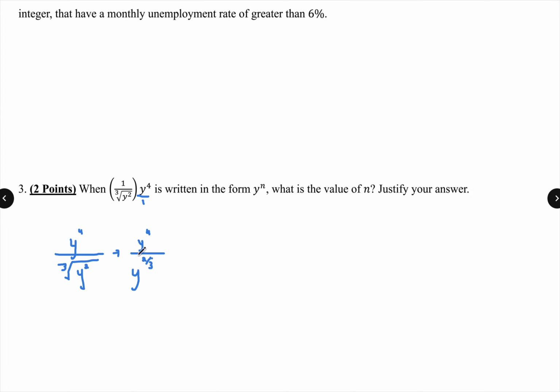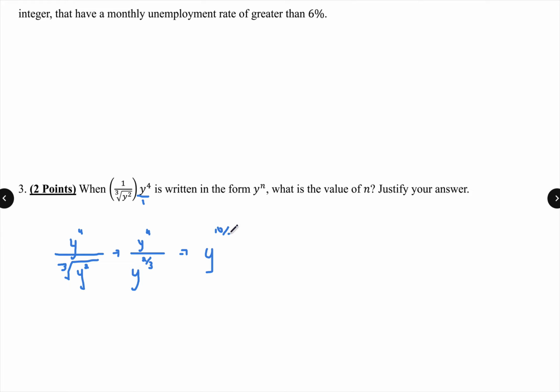Now, if I'm dividing same bases, what am I doing with my exponents? I'm subtracting, so I'm going to say 4 minus 2 over 3. I get 3.3333 repeating. I don't really like that, so I'm going to go to math and turn it into a fraction, which is y to the power of 10 over 3.